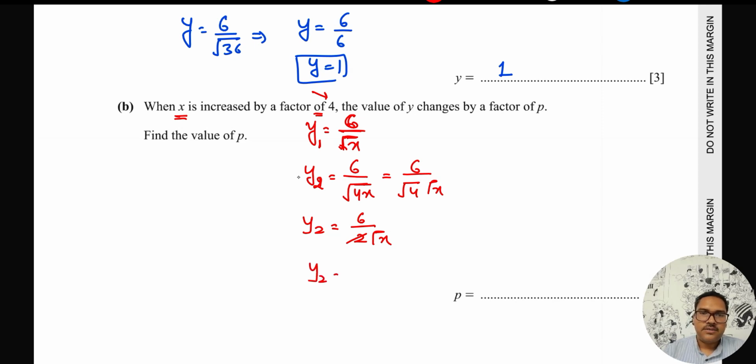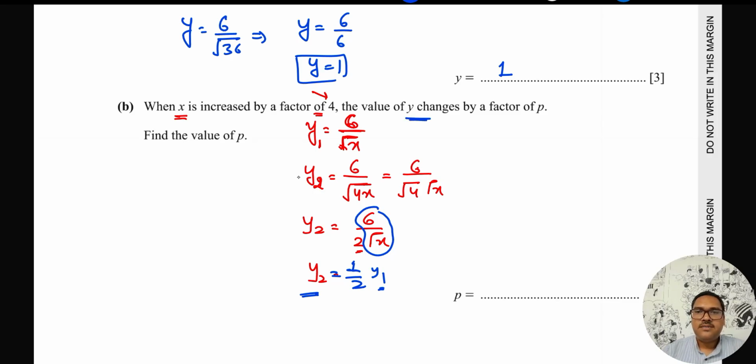You can see, I'll not cancel this because I'll show you what I am trying to do. This is 2 root x, correct? y2 is 6 upon 2 root x. Now we know that 6 upon root x is y1. So y2 will be equal to 1 by 2 y1. So can I say the new value of y2 is basically half of the initial value.